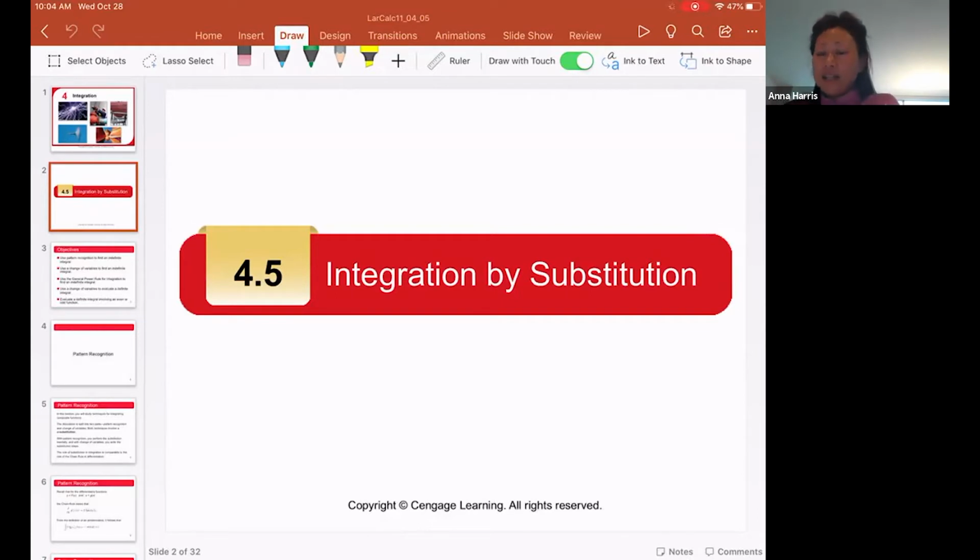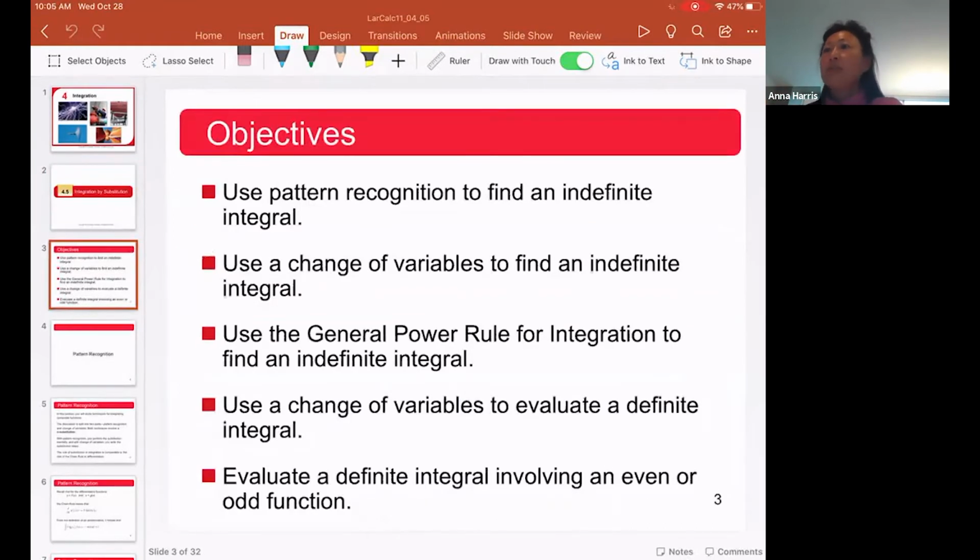This is the last lesson of chapter 4, integration by substitution. It's a little bit more complicated than before, so we're not just doing an anti-power rule, like using a power rule to take a derivative.